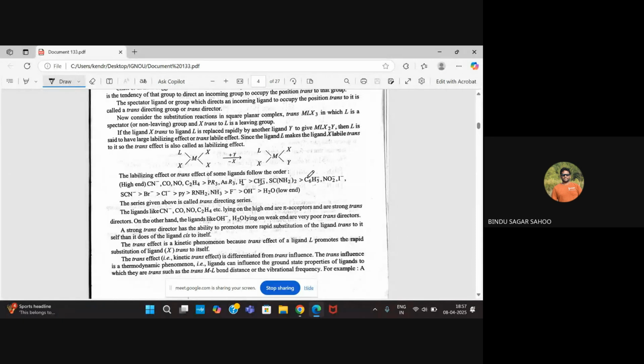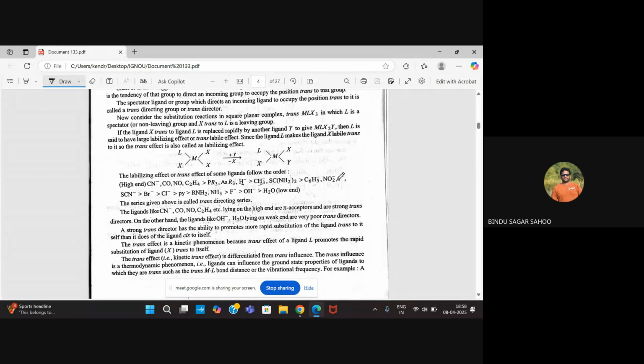So you can just remember this trend. Otherwise, you can just consider that whenever there is the presence of a pi acceptor ligand, definitely it has a strong trans directing effect. Okay, whenever there is the presence of a pi donor ligand, definitely it has the lowest trans effect.